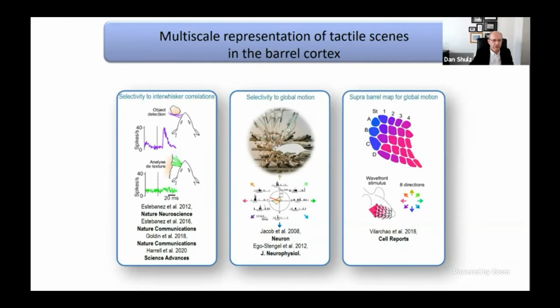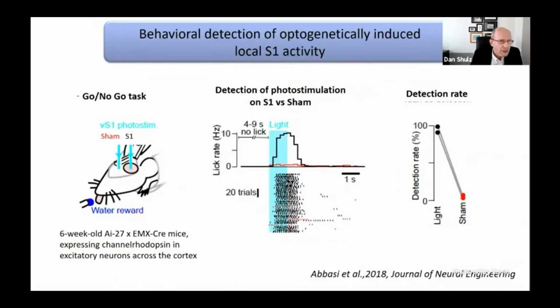And this is what we have done next, in which we first, instead of using the stimulation of the vibrissa using the matrix, which is very, very difficult in the awake animal, we used optogenetic stimulation of the somatosensory cortex in a head-posted awake animal.